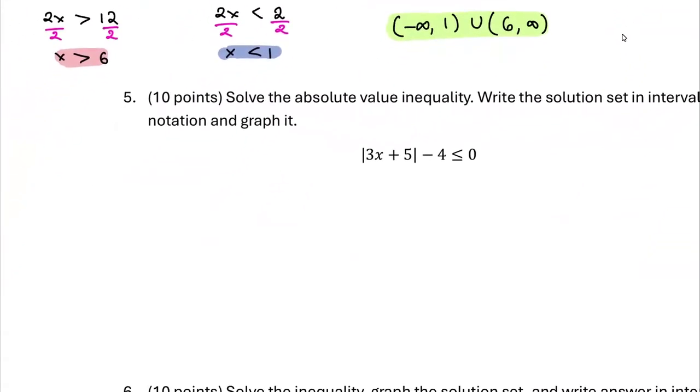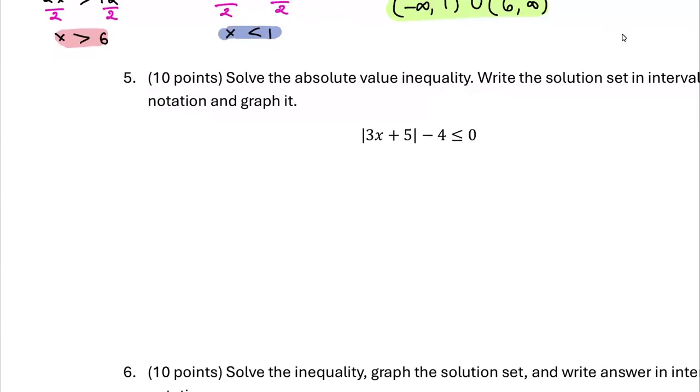Number 5 is very similar, but with a sign less than. So still, step 1, I'm going to isolate the absolute value. So adding 4 to both sides, and I'm getting 3x plus 5 less than or equal to 4.